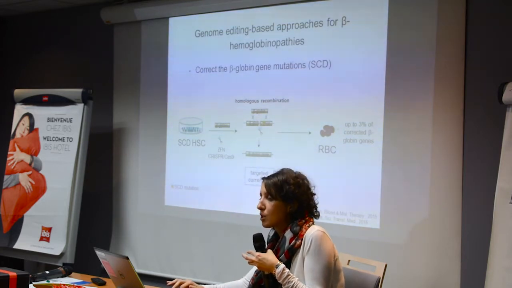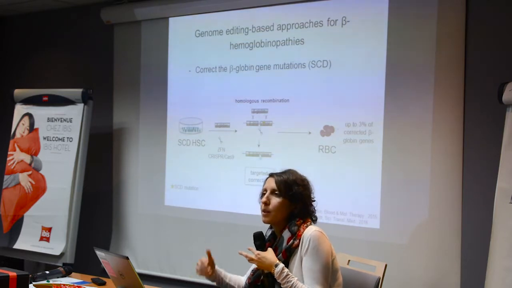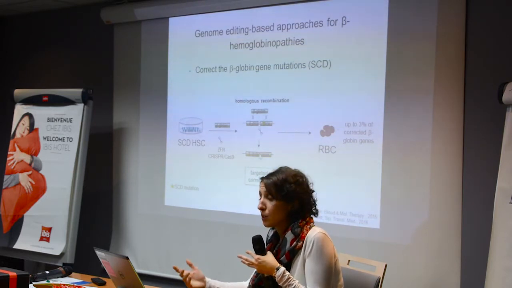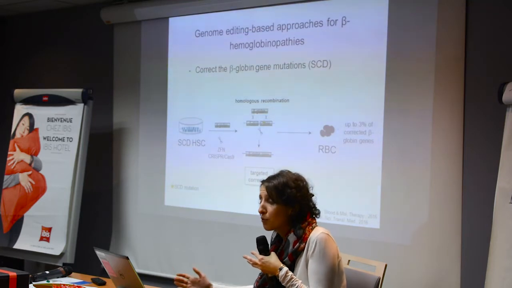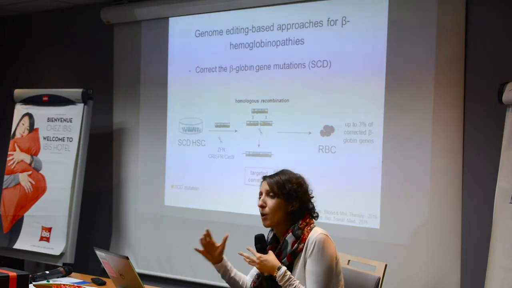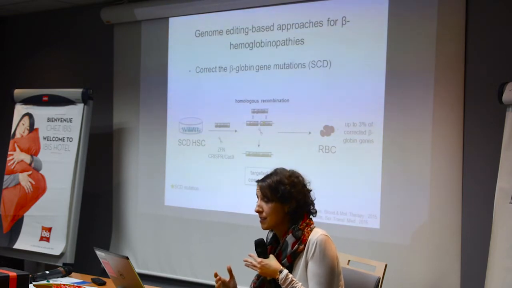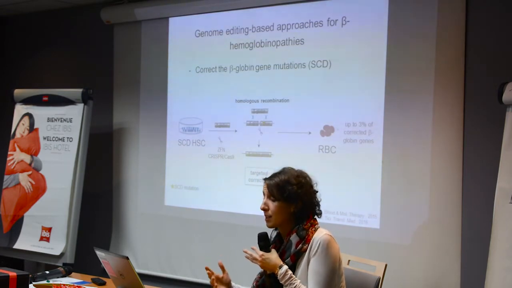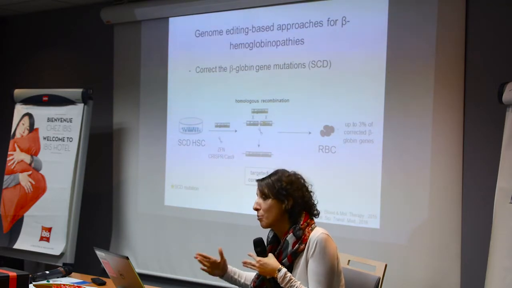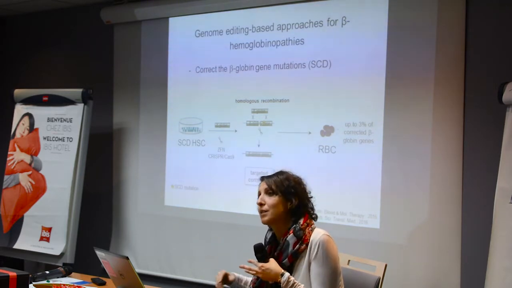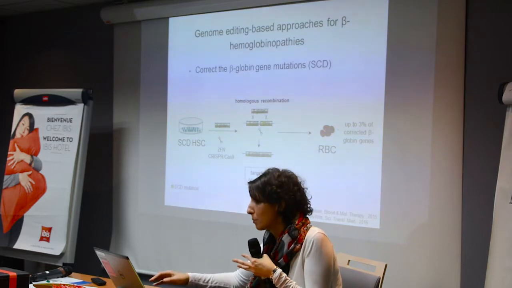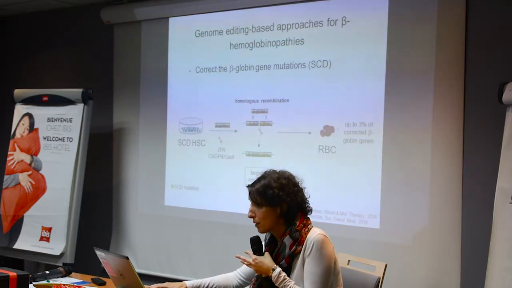In this case, this gene is copied into the genome, and we achieve targeted correction. But so far, unfortunately, this process of homologous recombination has been shown to be not very efficient in hematopoietic stem cells. There are several groups that reach only up to 3% of corrected beta globin gene, which may not be enough to correct the clinical phenotype.